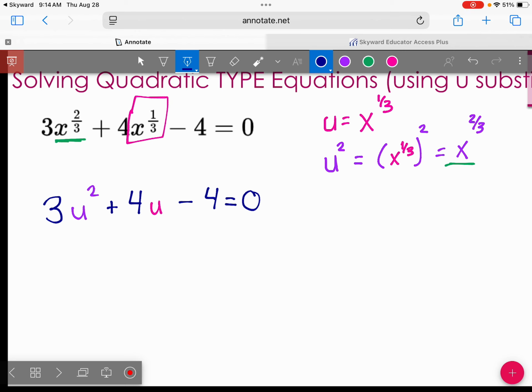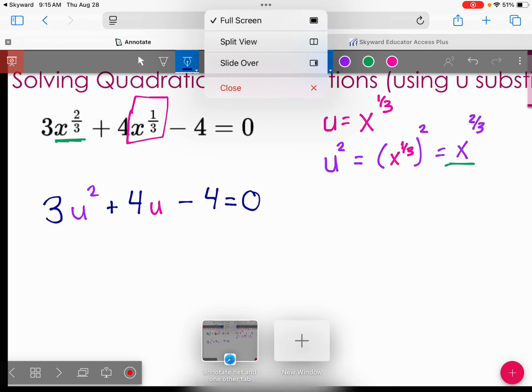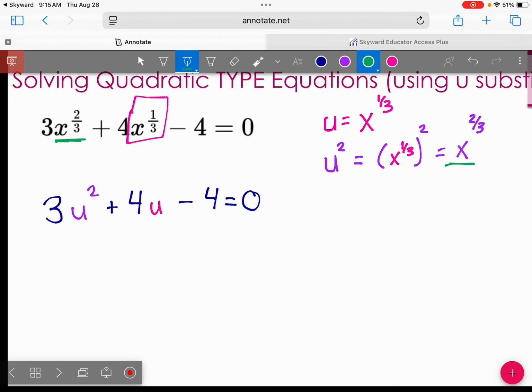And this now becomes way less obnoxious to deal with because we can factor this. We have what we need. All the information is here. This does factor. It does not have a GCF, but it does factor. I'll put it up here.